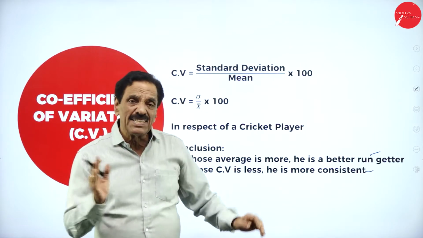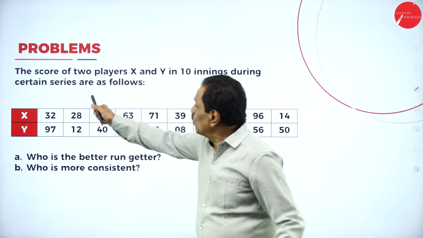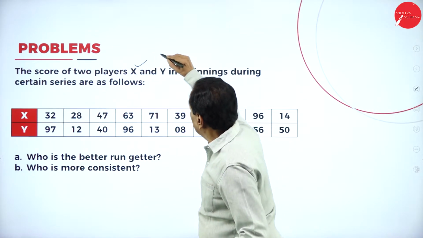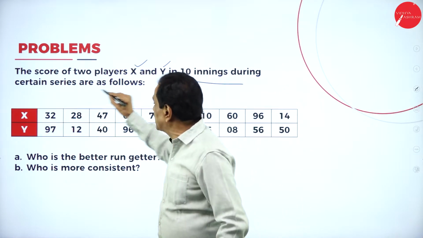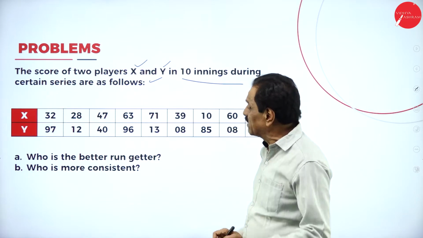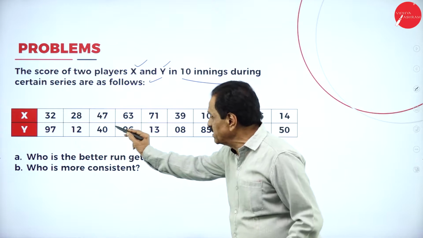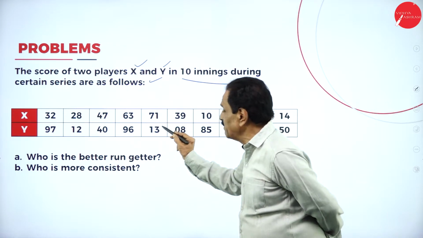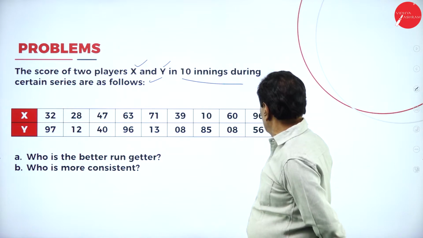So, we will discuss now with the two batsmen. The scores of the two players, X and Y, in 10 innings during a certain series are as follows. This is scored by two batsmen, X and Y. X scored 32, 28, 47, 61, 71, 39, 10, 60, 96 and 14.